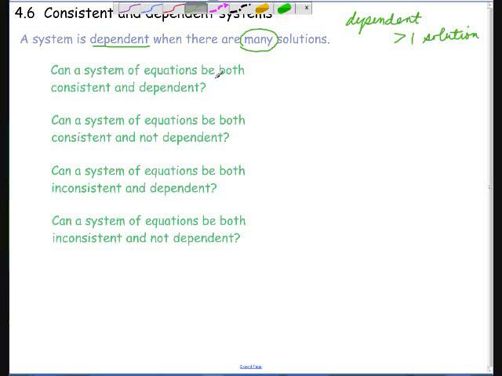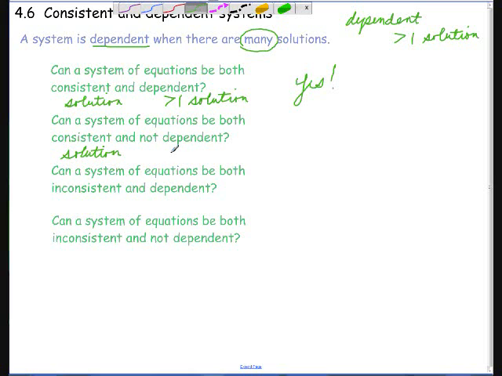Can a system of equations be both consistent, and consistent means that there is a solution, and dependent, which says there are more than one solution? Why, certainly. Yeah, there's no problem there, is there? So yes to that. Can a system of equations be both consistent, that is, it has a solution, and not dependent?